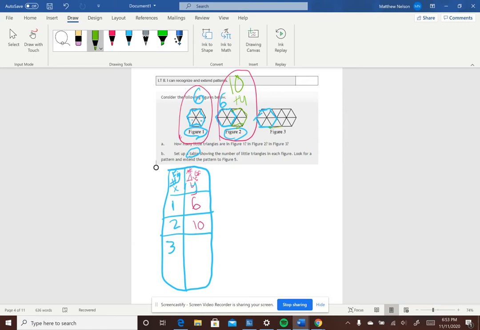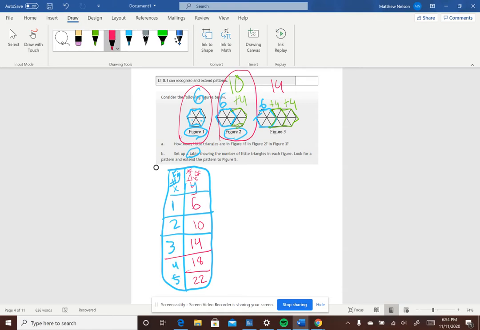We add our 4. So there's the plus 4. And then we add another 4. All right, so 6 plus 4 plus 4, that is going to give us 14. So it looks like we're adding 4 each time. And we could continue that. We'd say 18, 22 for our next 2 figures, 4 and 5.